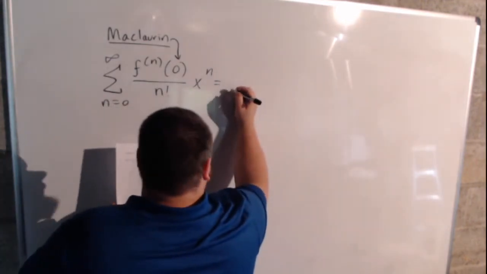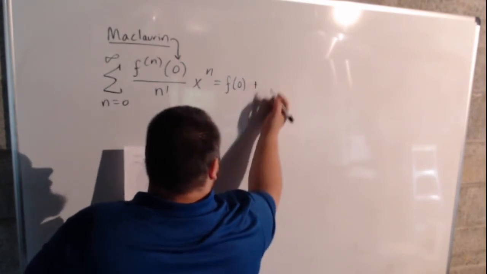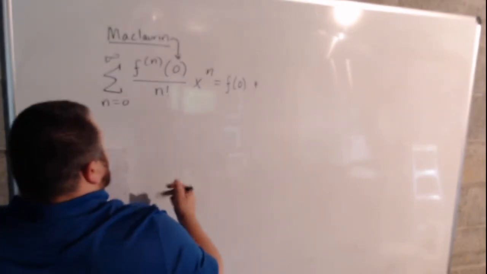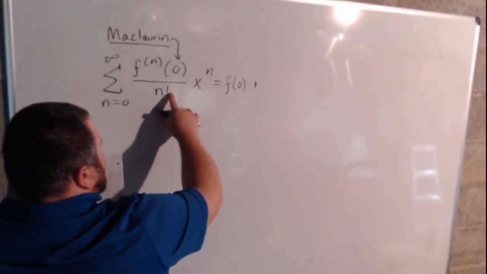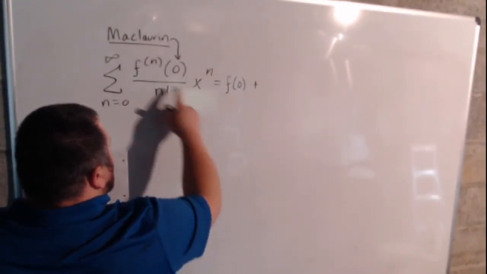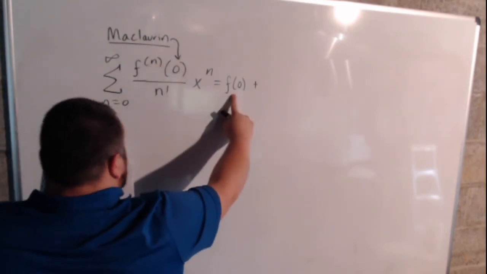And if we were to write out the first couple terms, that's f of 0 plus, and that's the only thing, right? Because x to the 0 is 1, 0 factorial is 1. So, and then the 0th derivative just means the original function.